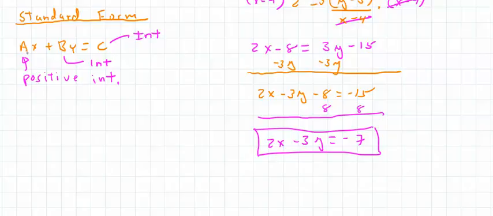A must be first, B must be second, then the equals, then the C. Pretty much, unless we're graphing, all answers will be in standard form. Ax plus By equals C. And A must be positive. All right? So let's do one more example.